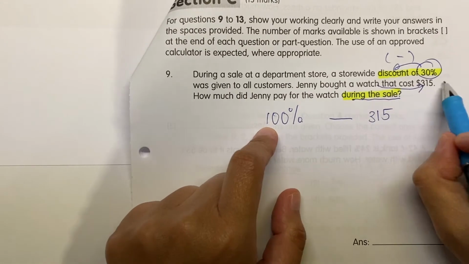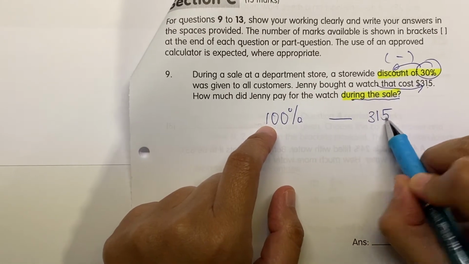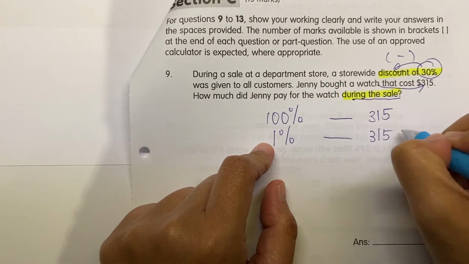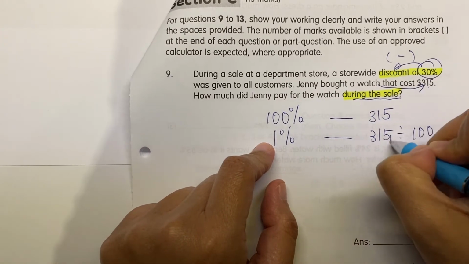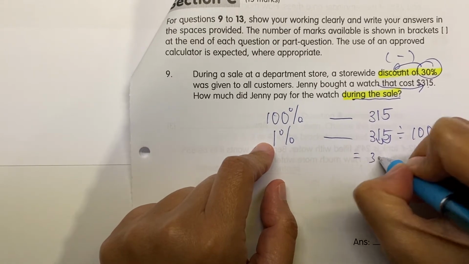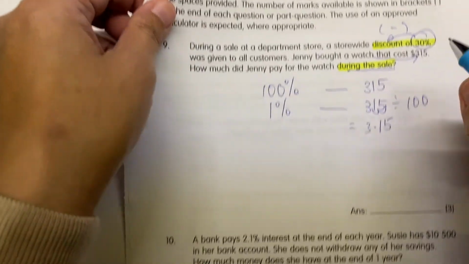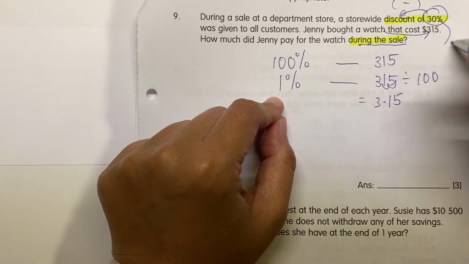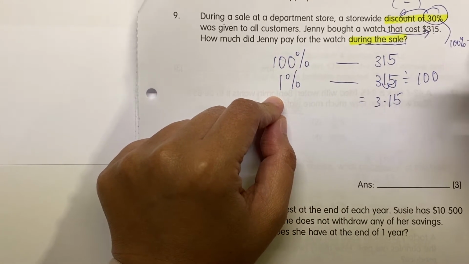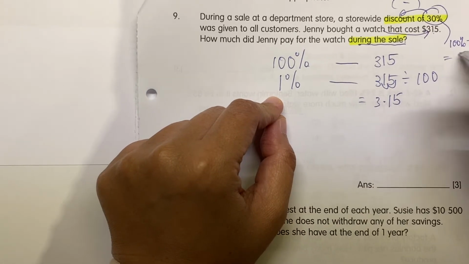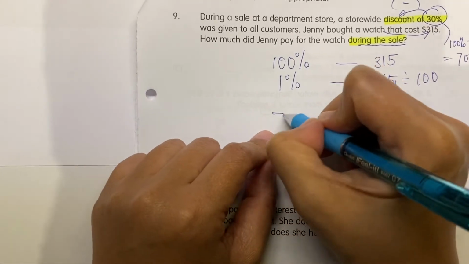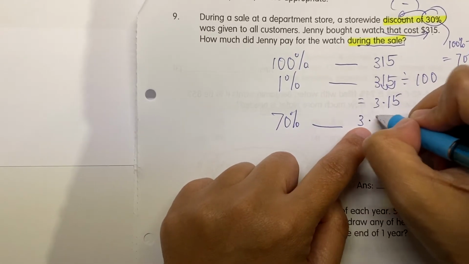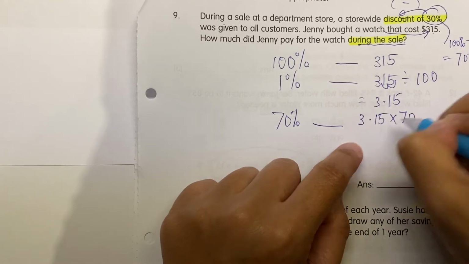So 100%, the usual price, is $315. 315 divided by 100 is 3.15. Straight away you will know 100% minus 30% is 70%. So she paid 70% for the watch, so it's 3.15 times 70.